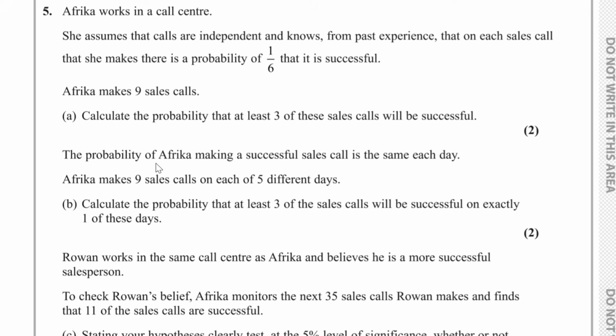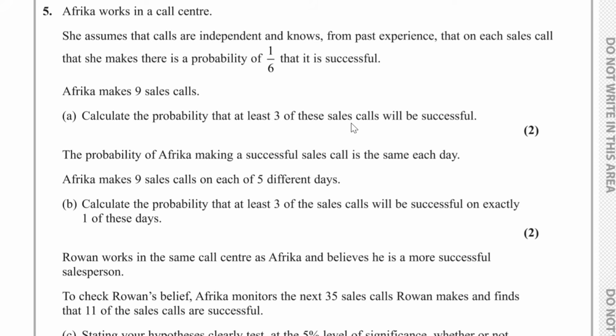Question number 5. Afrika works in a call centre. She assumes that calls are independent and knows from past experience that on each sales call that she makes, there is a probability of 1/6 that it is successful. Afrika makes 9 sale calls, and we have to calculate the probability that at least 3 of these sale calls will be successful.